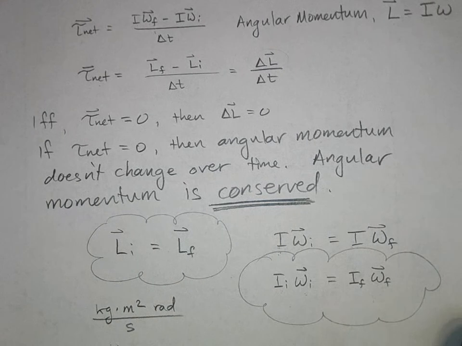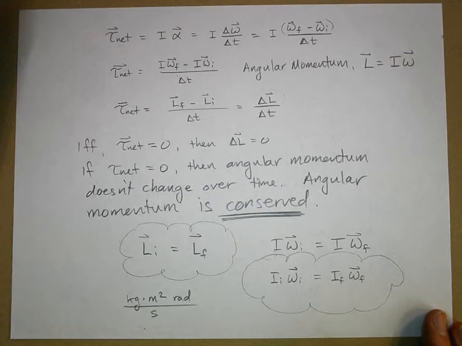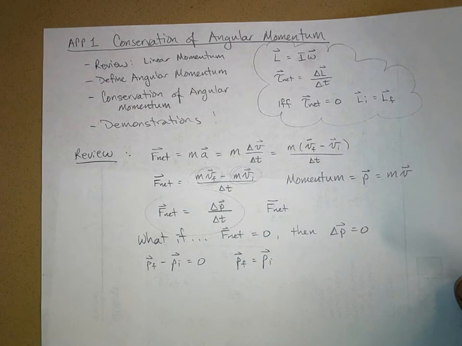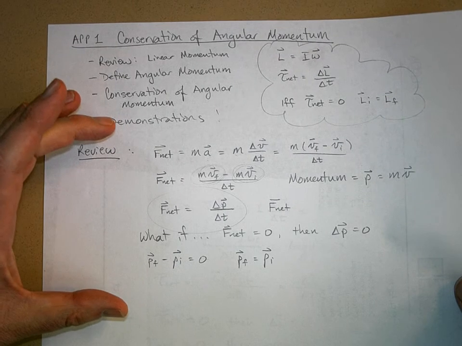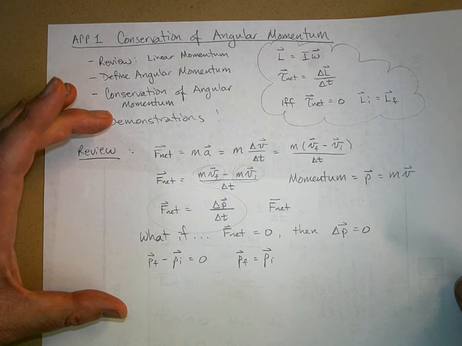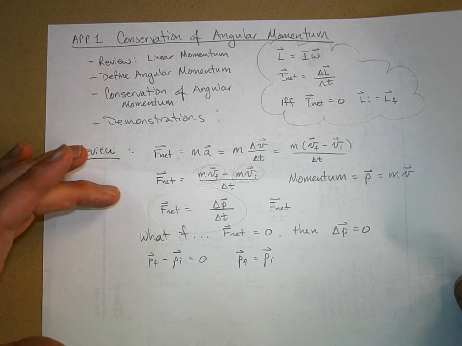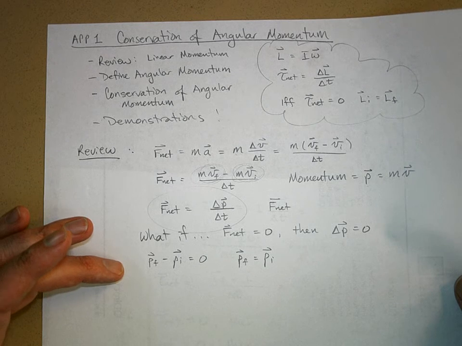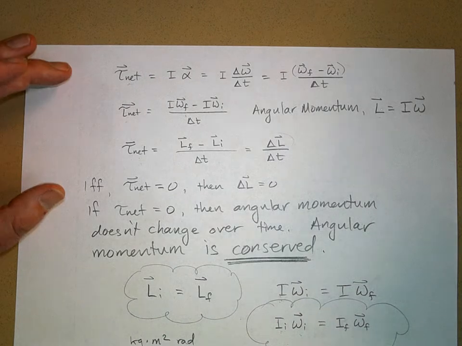All right, let me zoom out. And just the last thing I want to show you, notice that mathematically, we went through the same basic mathematics to define linear momentum, and when linear momentum is conserved, as we did, angular momentum.